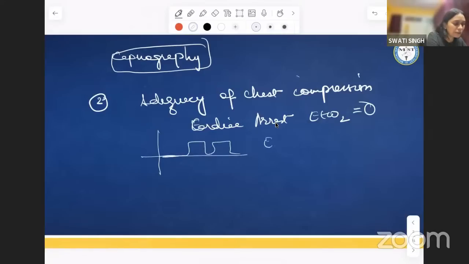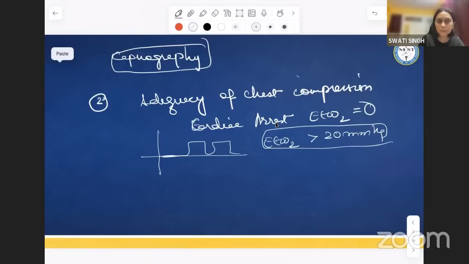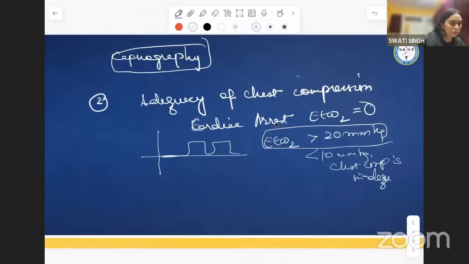And the target is that we have to keep the ETCO2 value above 20 mm of Hg. This means our chest compression is good. If it is less than 10, this means our chest compression is not good. So less than 10, chest compression is inadequate. It is not a good chest compression. So we have to keep such chest compression that ETCO2 is above 20 mm of Hg.